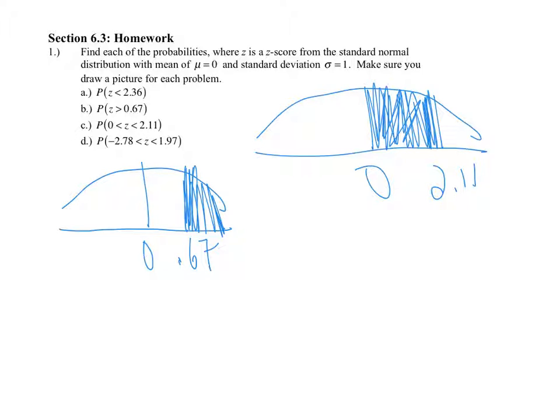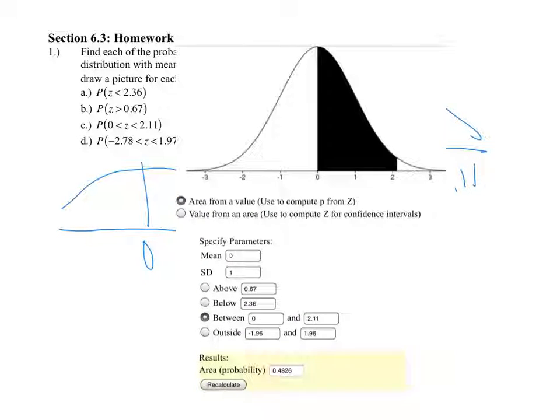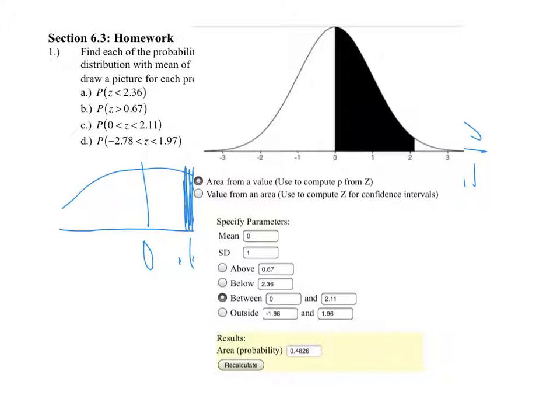And if we add the picture in that I did already for this, notice how it cuts it off at 0 and stops it at 2.11, and then that's the probability, 0.48, so pretty close to 0.5.